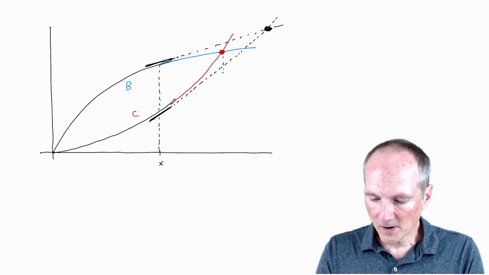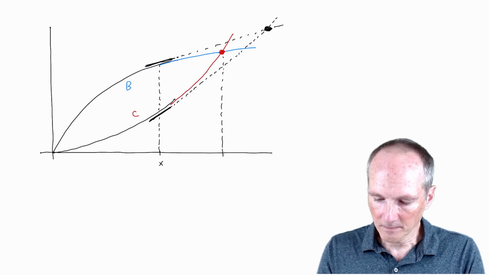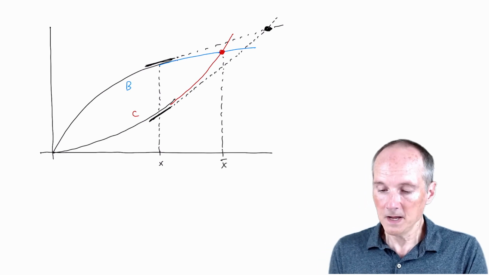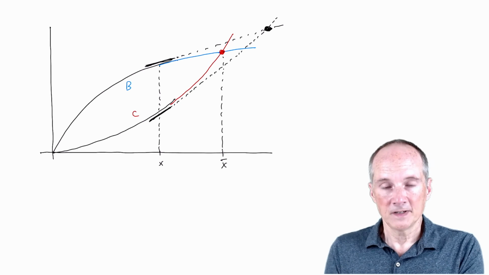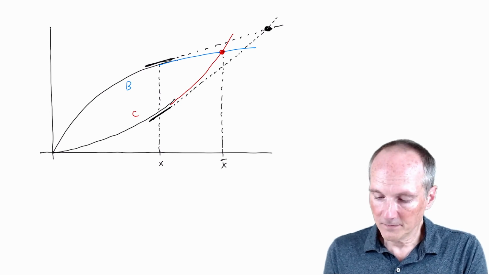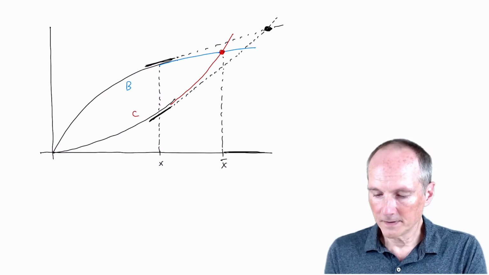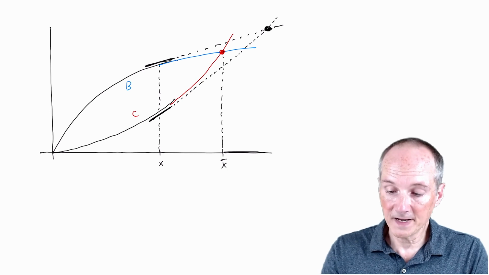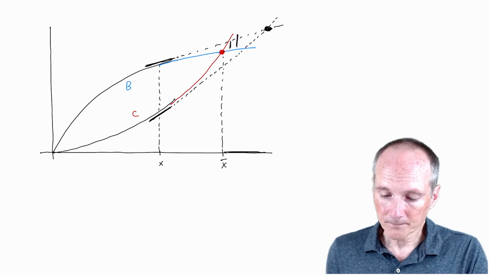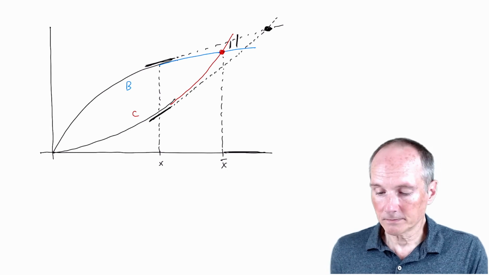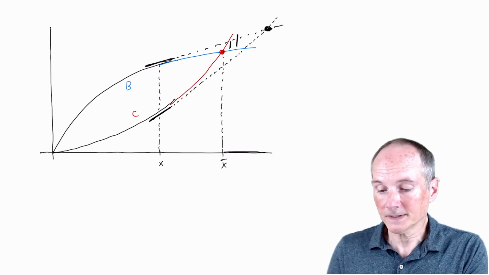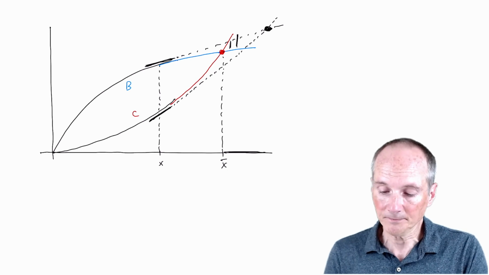Let's say where they cross, let's call that x bar. At that point, the net benefit is 0. And then for any higher scale, the net benefit is actually going to be negative. Clearly it's not going to be optimal to choose something out there.